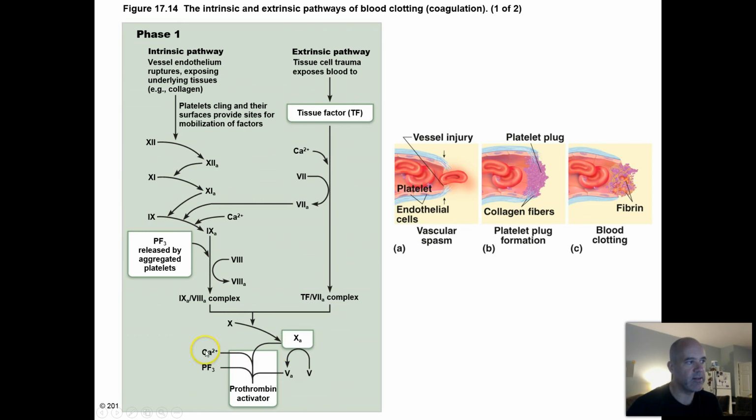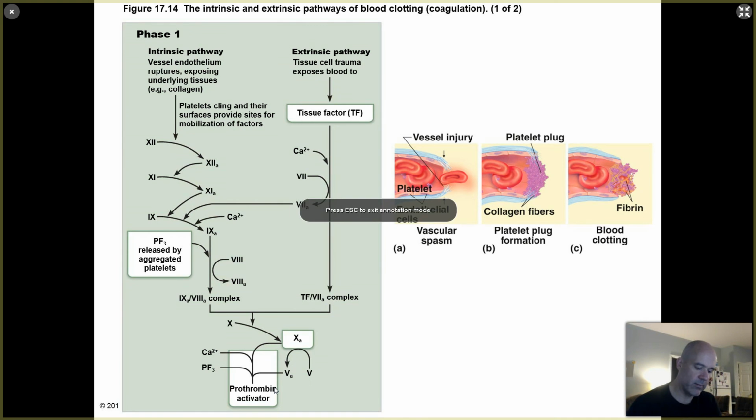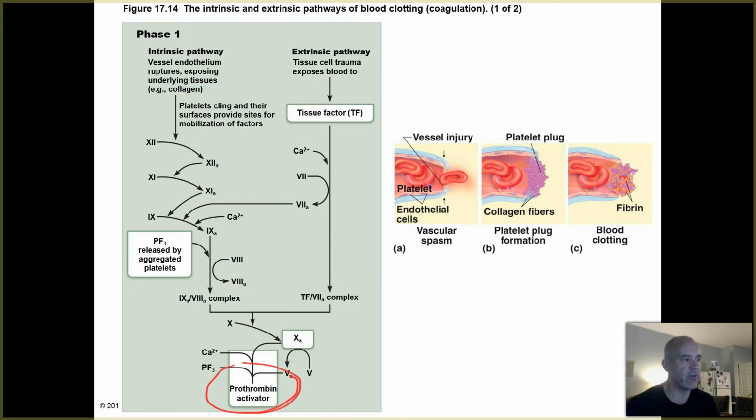And then the calcium ions that are present in your blood and body fluids, and this good old PF3 up here that your platelets made, all of these things assemble together and form prothrombin activator. So it's a complex of these 4 different things that get together and make prothrombin activator. We said that was where we were trying to get to. That was our first major step of coagulation.